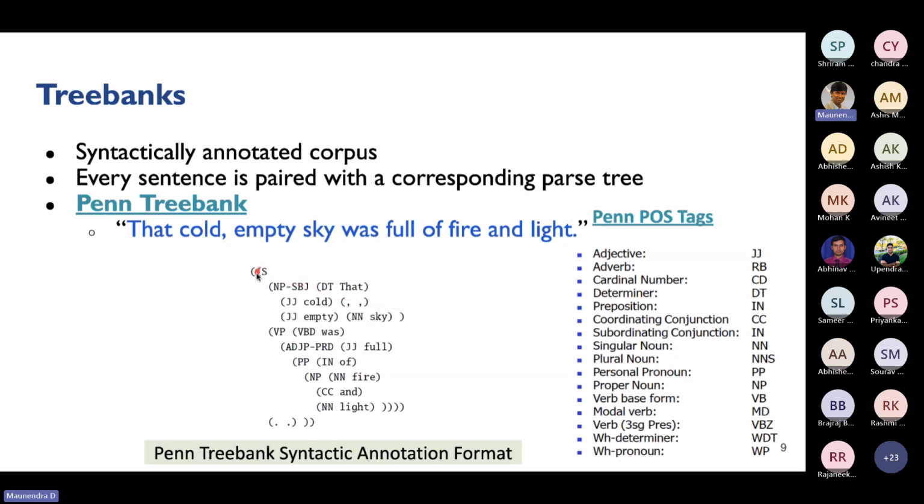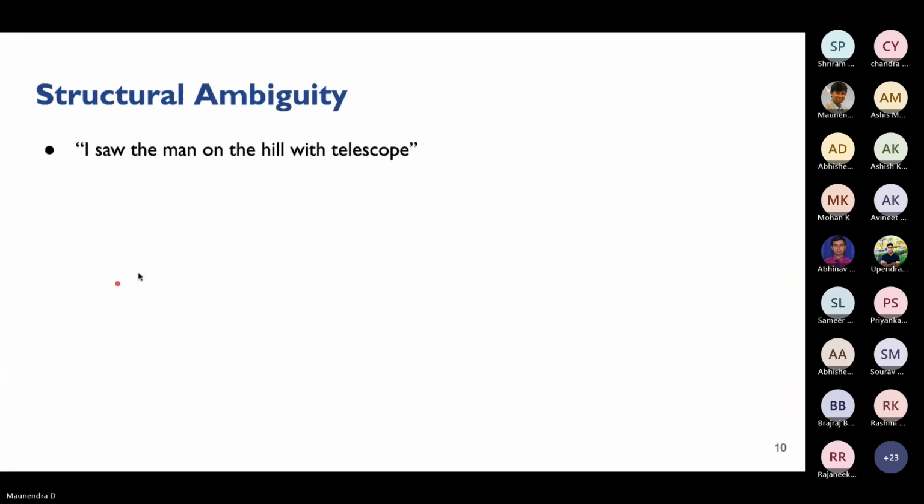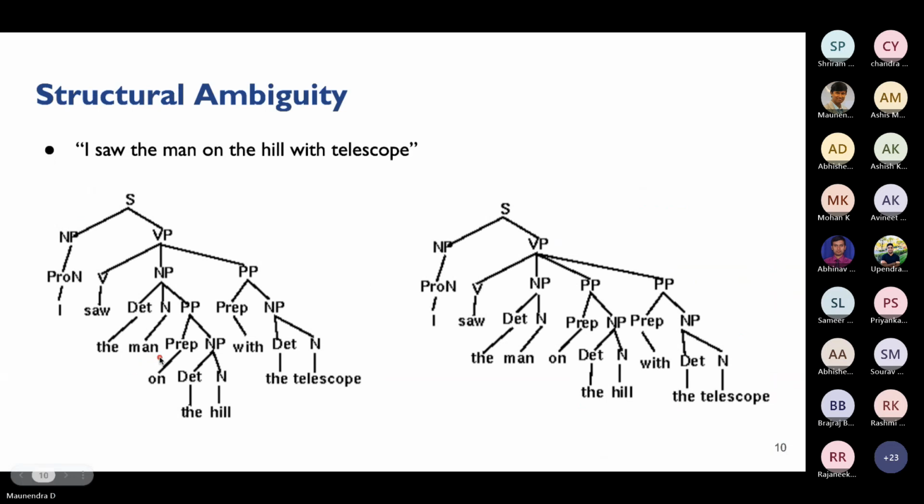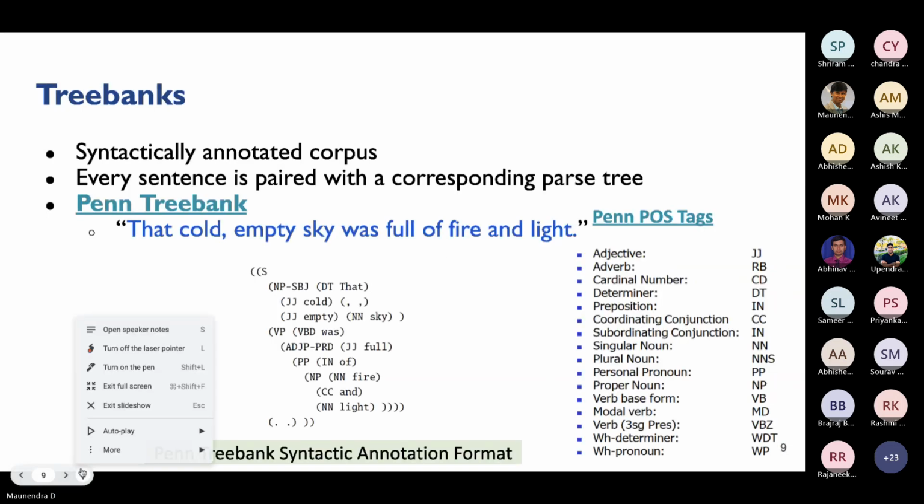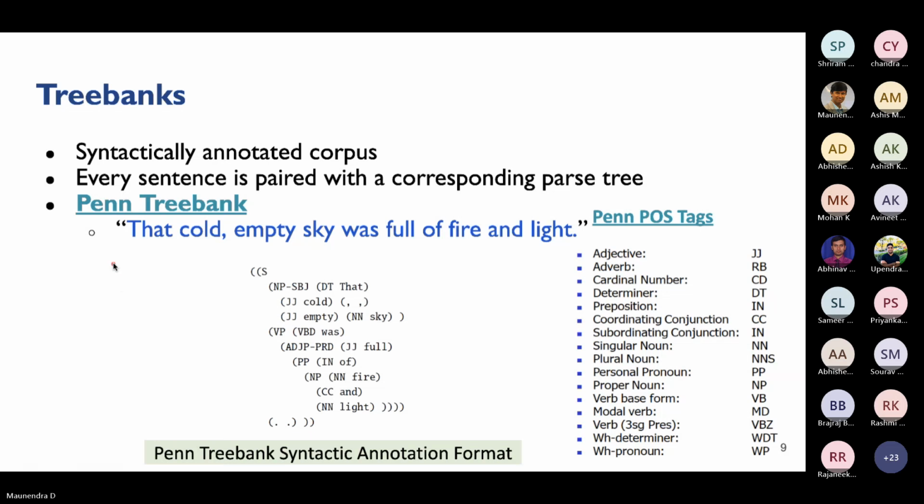Here, we start with S, and after S you see that a parenthesis has started. That means this is part of this S. Now for S, we have the expansion which says NP-SBJ. So from S, we have NP.